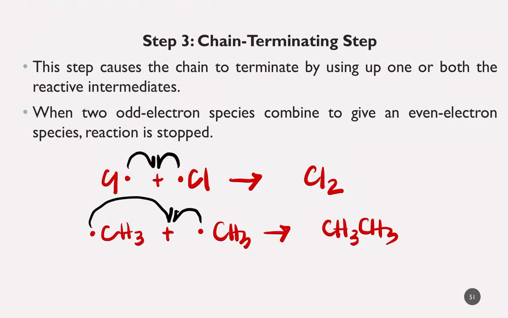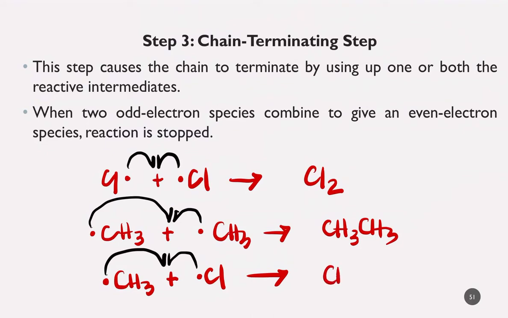Apa lagi? Lagi satu, jangan lupa. Awak boleh react awak punya CH3 free radical with your chlorine free radical. So in this step, awak akan musnahkan semua free radical lah. Dia akan react with each other. So awak berhenti awak punya chain reaction ni.